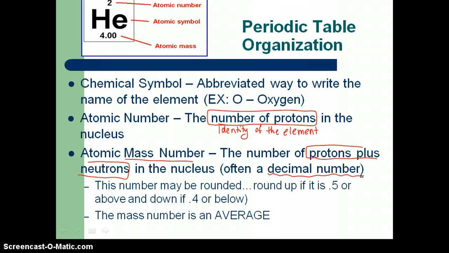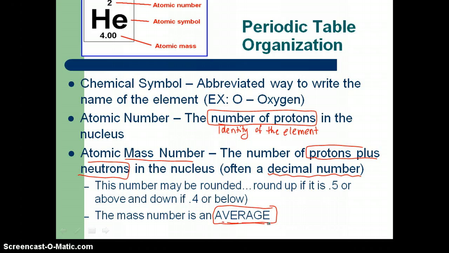The decimal number is the mass number, and the reason it's a decimal is because it's an average of all the different isotopes, or all the different varieties of number of neutrons that are available in that particular type of element. We'll get to the term isotope here in just a little bit. As long as you know it's an average of all the masses.